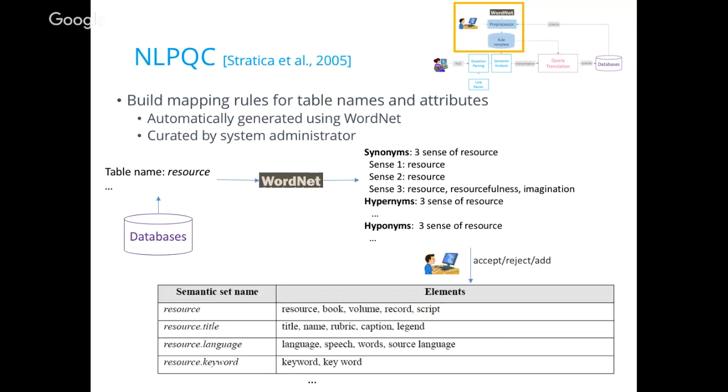So basically, what this system does is it will just generate all the expansions based on all the senses, and then hope the system admin is able to manually curate the generated terms. So as you can see here, it will take some effort, but probably not a huge amount of work, depending on how big your system is, right?